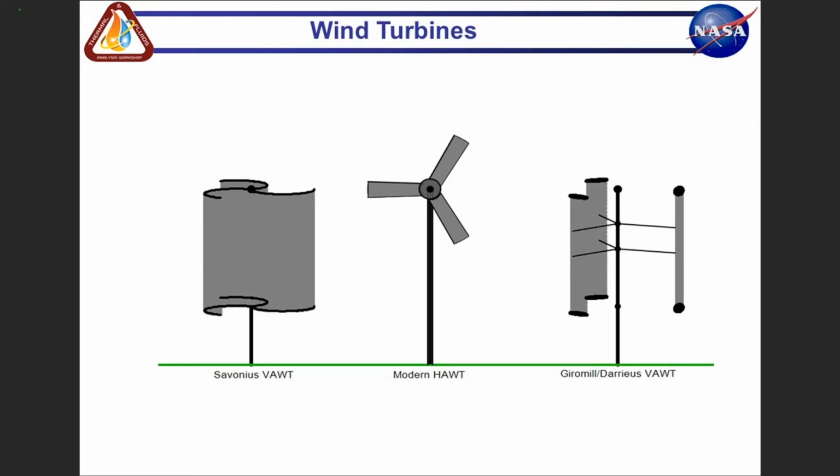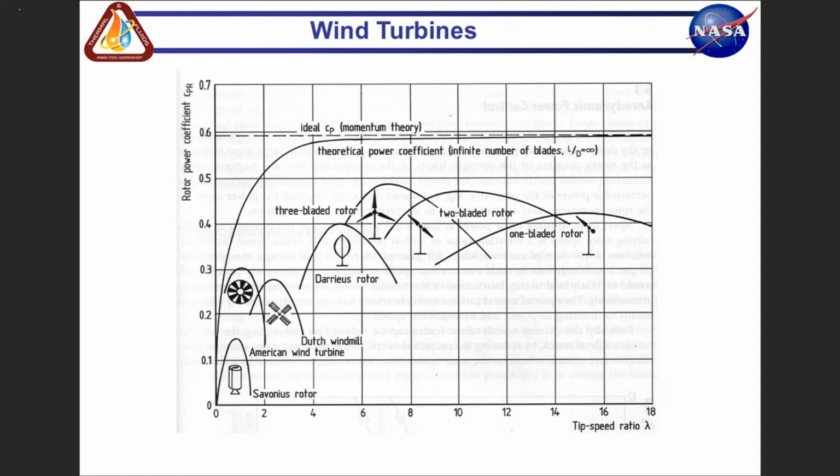The graph shows different types of wind turbines: first the Savonius wind turbine, then the horizontal wind turbine, and lastly the Darrieus wind turbine. The Savonius type depends on the drag force. On the other hand, the horizontal type and the Darrieus type depend on the lift force.